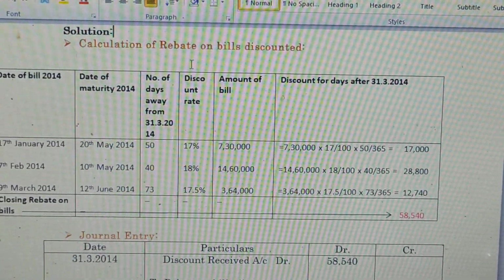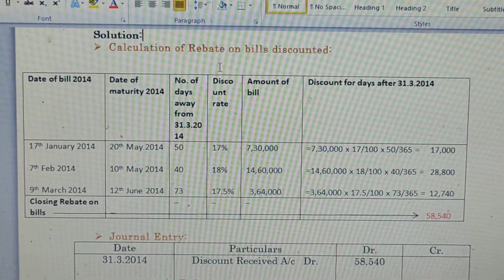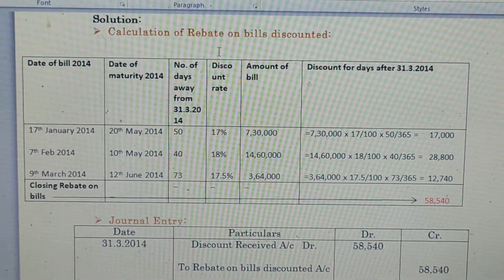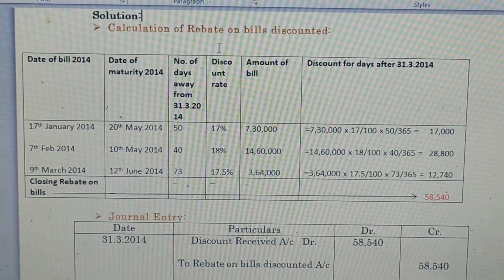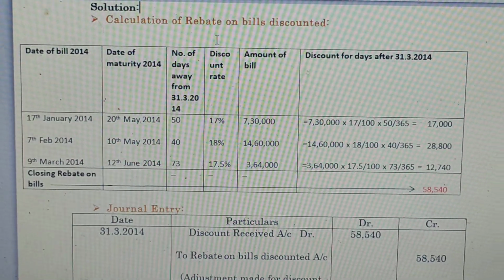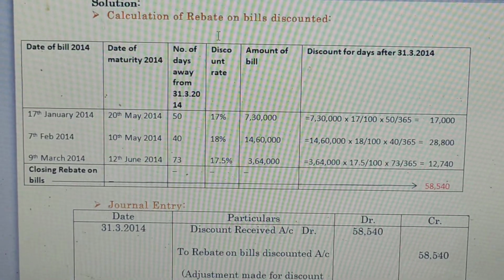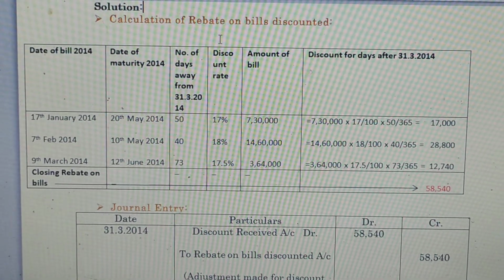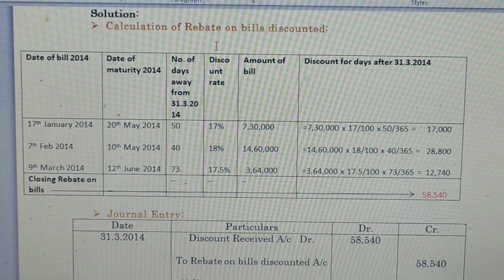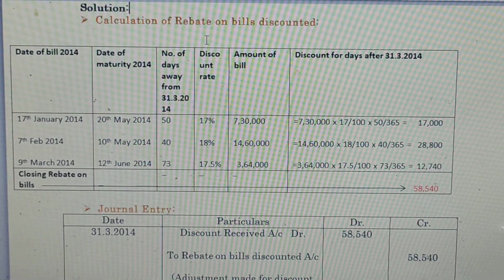And the second: the bill was created on 7th February 2014, the due date is 10th May 2014, and the number of days is 40. The discount rate is 18% and the amount of bill is 14,60,000. The discount for a year is 14,60,000 multiplied by 18 divided by 100.